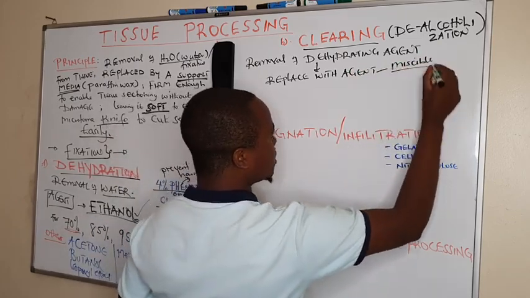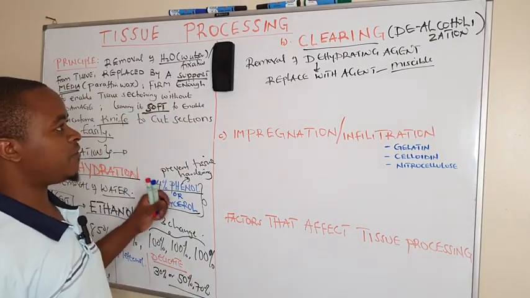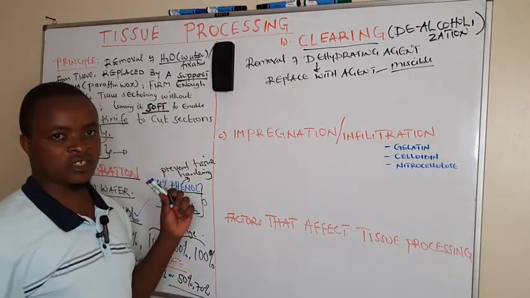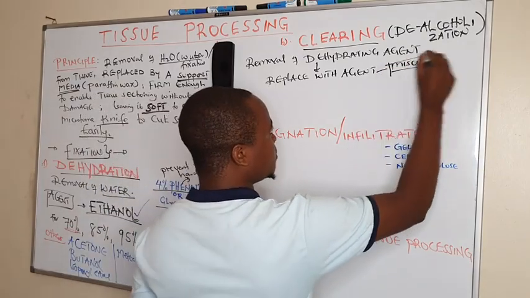This agent should be miscible for both the paraffin wax for impregnation and the dehydrating agent. Should be miscible or soluble for both.